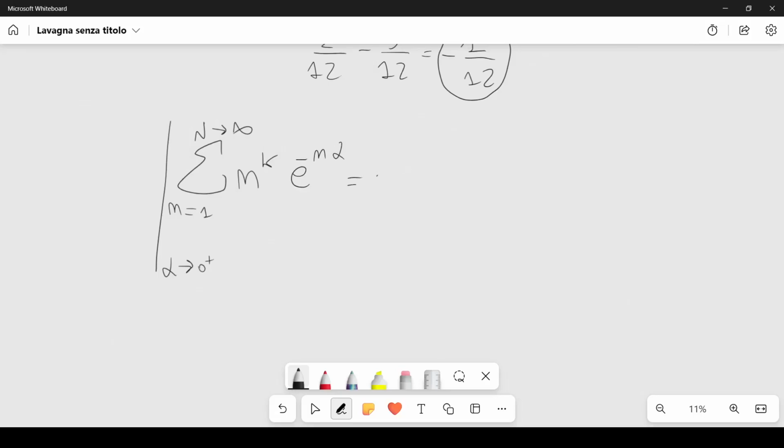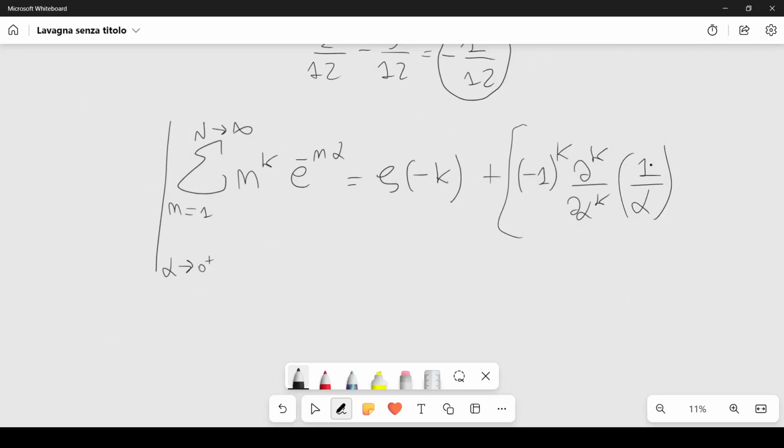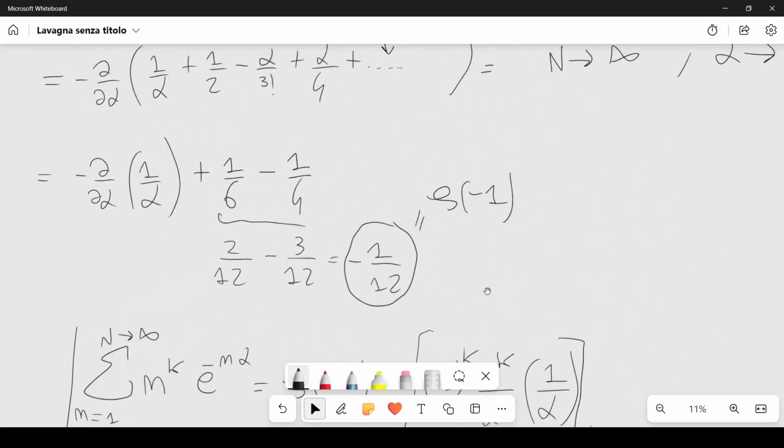This is equal to zeta evaluated at minus k, plus minus 1 to the power k, and then here you have derivatives of order k of this divergent term 1 over alpha. Remember that alpha has to go to 0, so in principle you take these derivatives, and then you let alpha go to 0, right? So it's a generalization of what we did here.